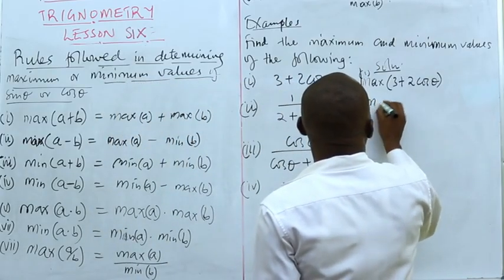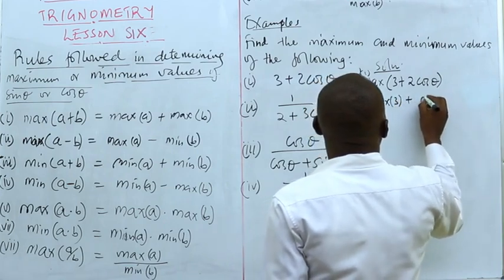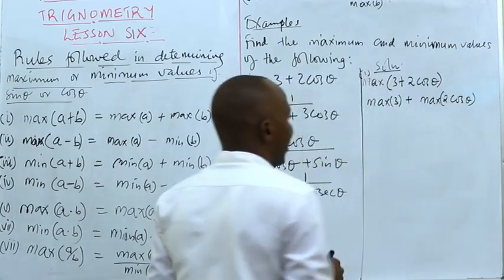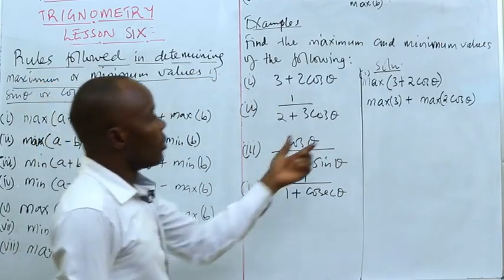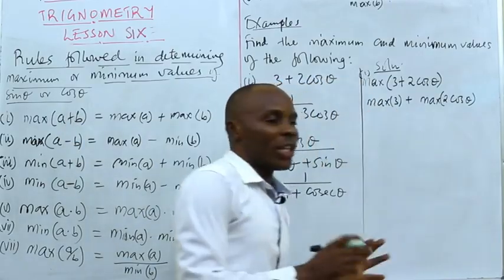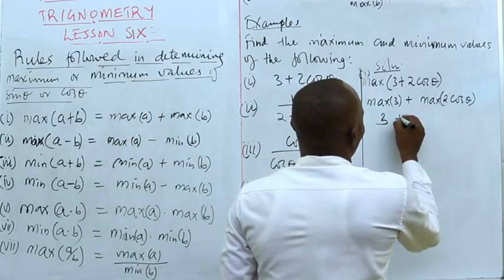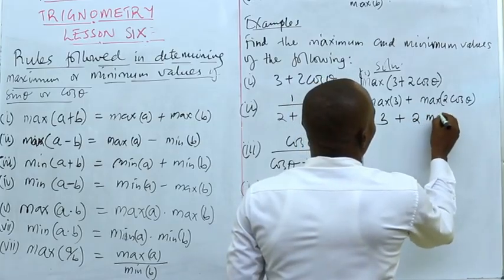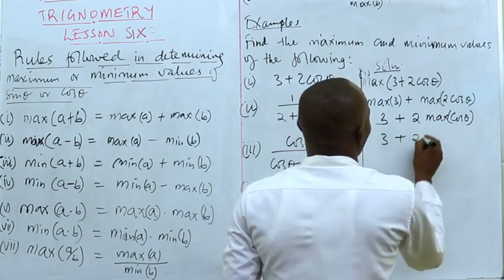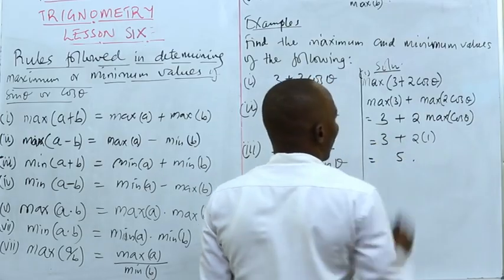This one is the maximum of 3 plus the maximum of 2 cos theta. I think you can see that. Now, I've used this law. The maximum of a constant is that constant. It is not affected. So I have a 3. I can pull out the 2, then times the maximum of cos theta. So it will be plus 2 into 1. Maximum of cos theta is 1. And the result you get is 5.